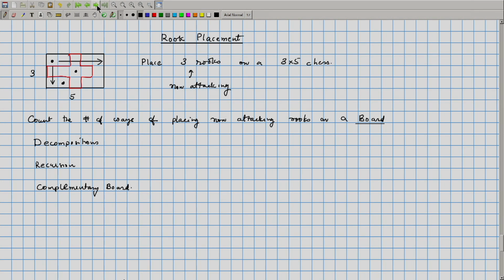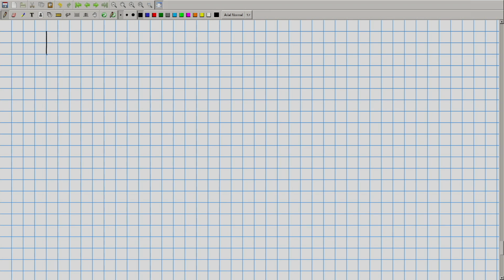So, let us first look at the simplest case where the board is an n cross m board. If you have an n cross m board, we will assume that n is less than or equal to m, and we need to place some number of rooks, k rooks to be placed, and k is less than or equal to n. The number of ways to do this is what we need to find.